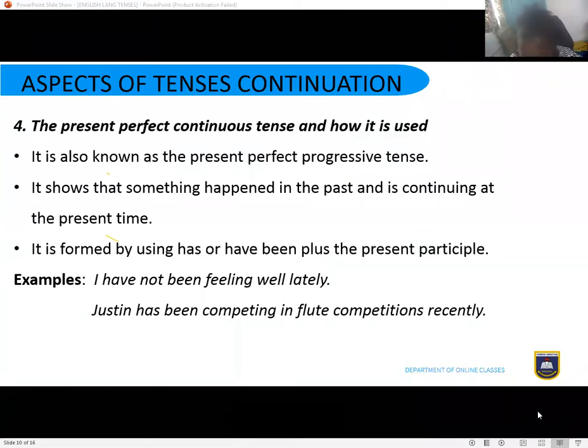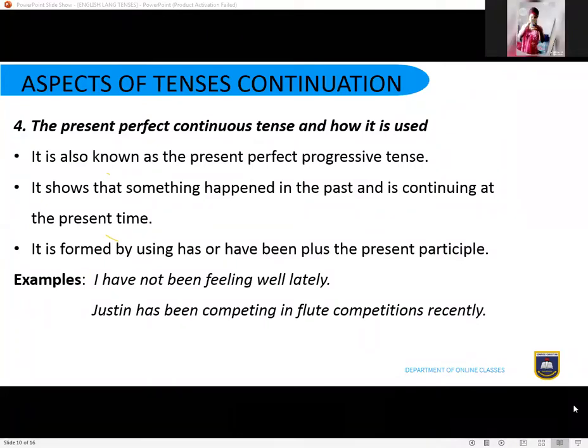Now, after writing the first one, which is the present tense, the second one, which is the past tense, and the third one, which is the future time or tense, you now come and write the first one, which is the present tense. Now, under the present tense, you write this. The simple present tense.